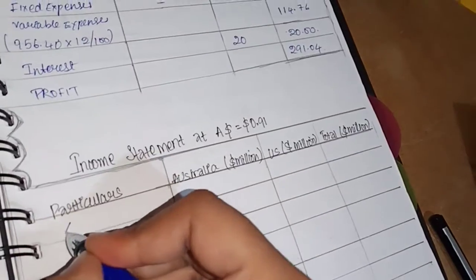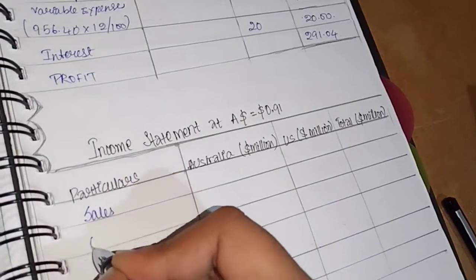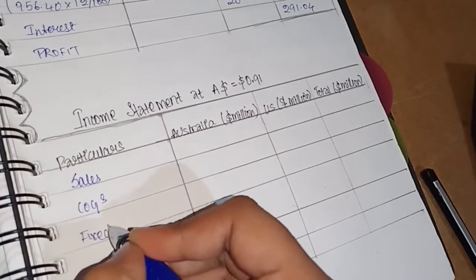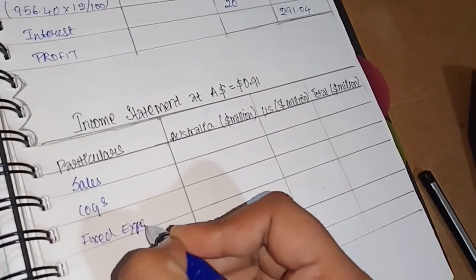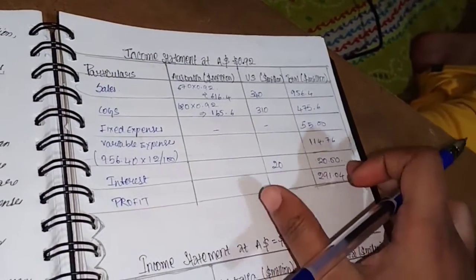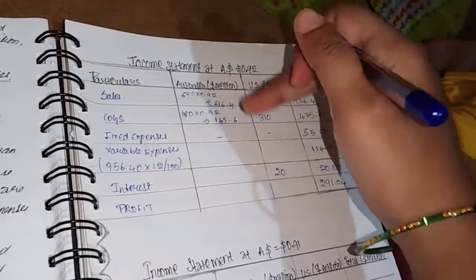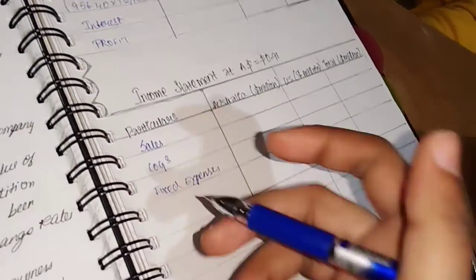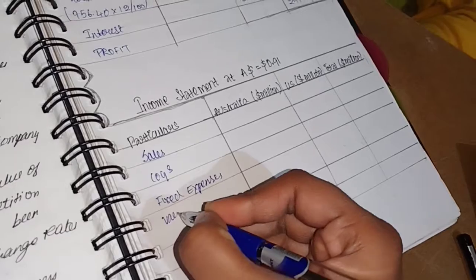Same: sales, cost of goods sold, fixed expenses, variable expenses, and interest, then profit. If you concentrate on the question and write the first scenario, it will be easy for the second and third.